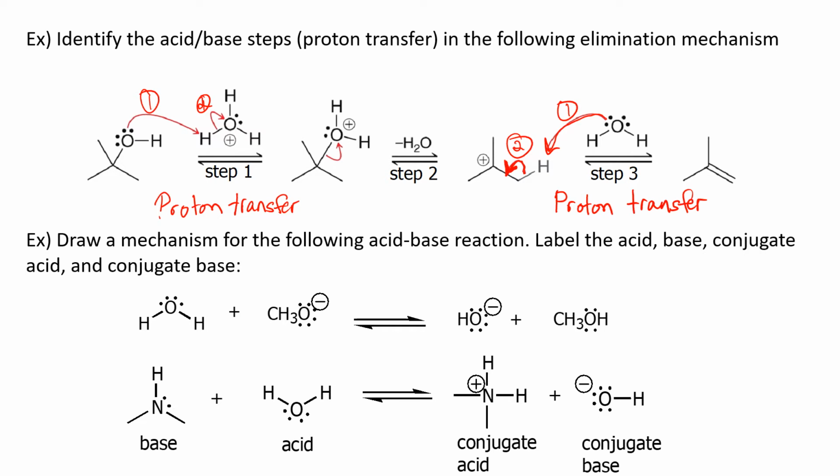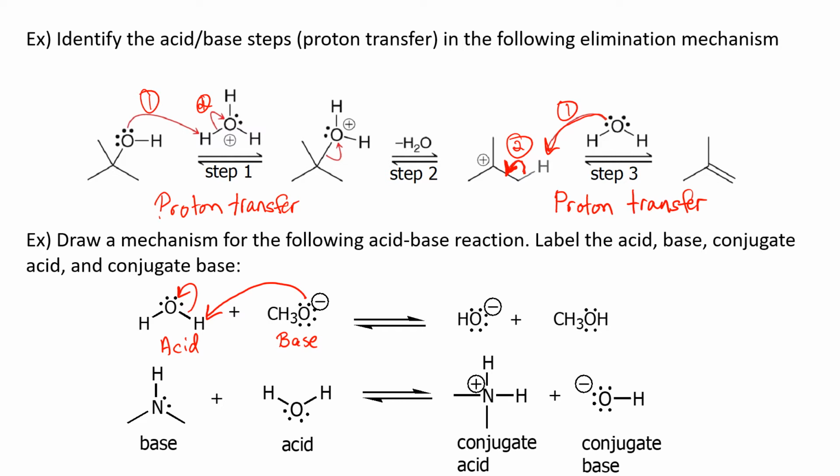All right, for the next example, we need to identify the acid and the base and then draw the arrows. So it looks like the CH3O- is going to be the base, and water is going to be the acid. The tail of the arrow starts in the lone pair and goes to the hydrogen, and then our second arrow goes from the bond to the atom, and that's our proton transfer mechanism.